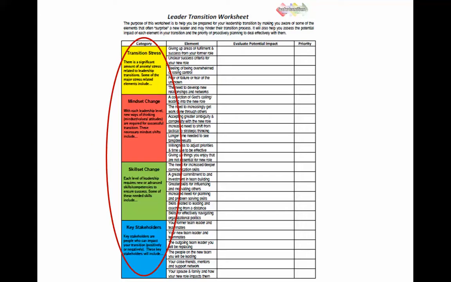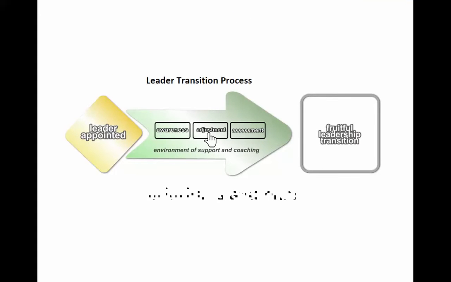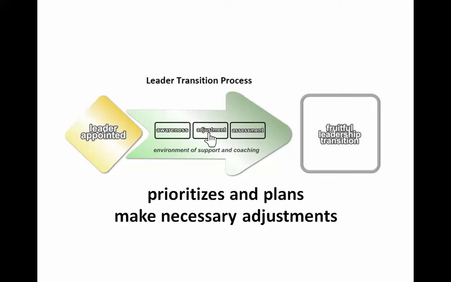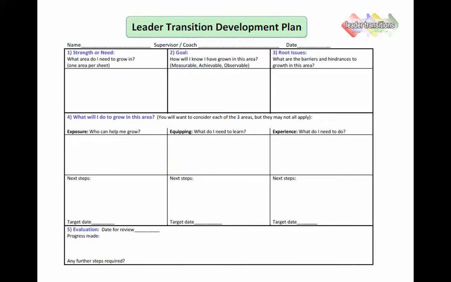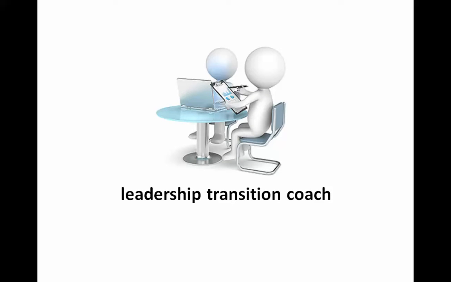In Step 2, adjustment, the new leader prioritizes and plans for needed areas of development to make adjustments necessary for their successful transition. The main tool for this is the Leader Transition Development Plan. This should be completed and implemented with the help of your designated Leader Transition Coach.